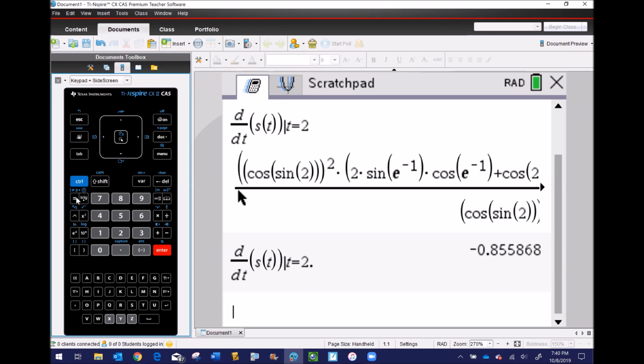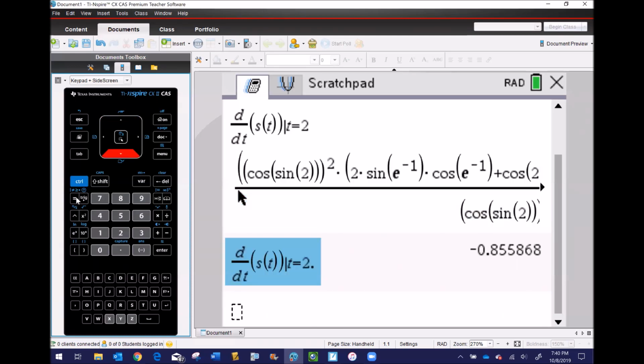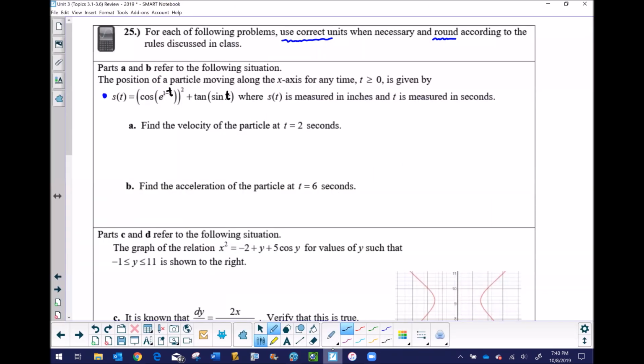Now, granted, after we got this ugly answer, you could have hit control enter and it does the same thing. But this way, you don't kind of muck up your calculator screen with all that garbage, okay? So the answer to this problem would be, I'll let you say either negative 0.855 or negative 0.856. All right, let's say I go with the rounded version.